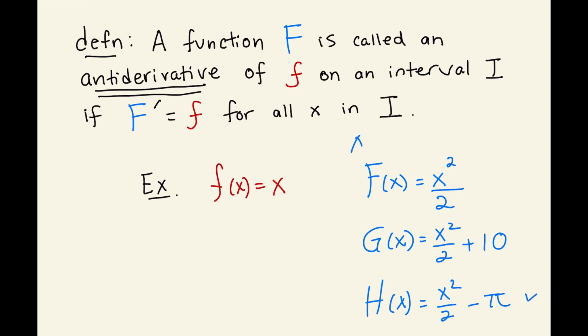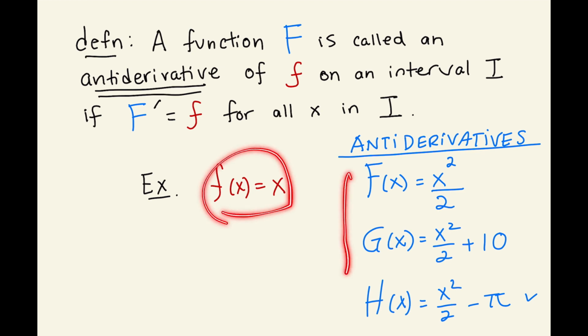So what you'll notice is there are actually a whole family of antiderivatives. There are infinitely many, actually. So any function I give you, you can find infinitely many antiderivatives.